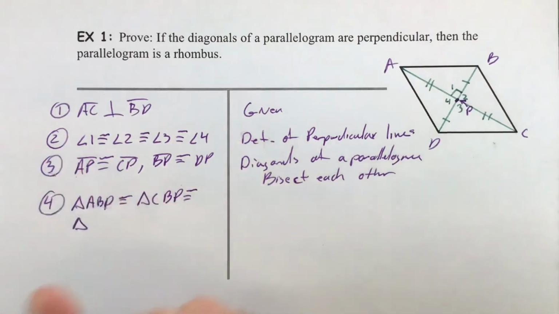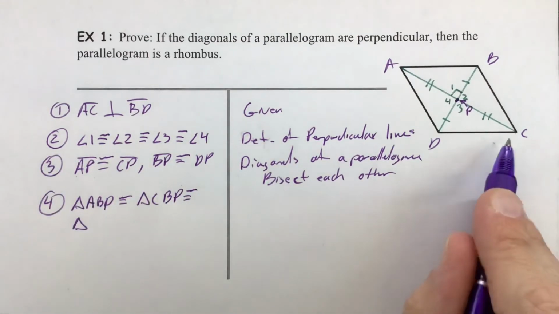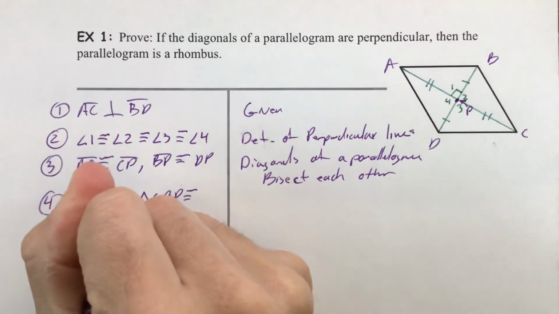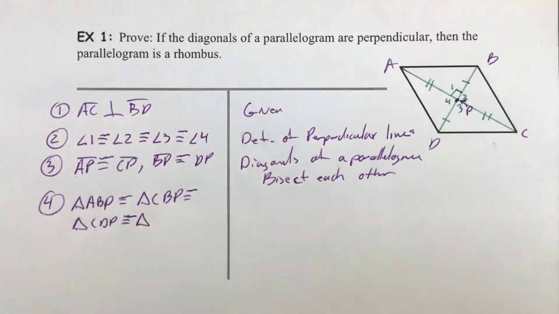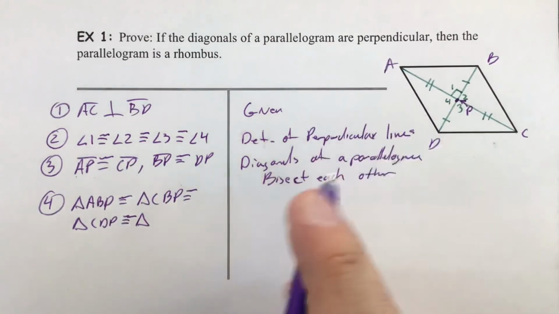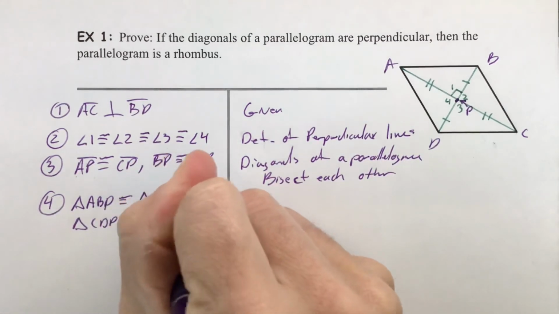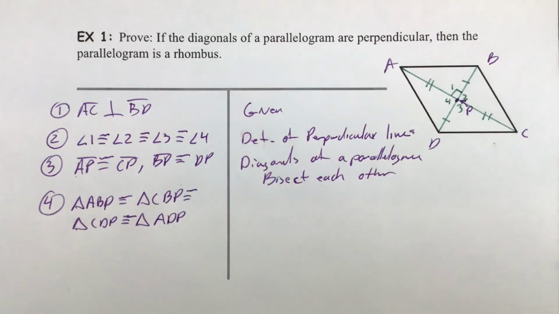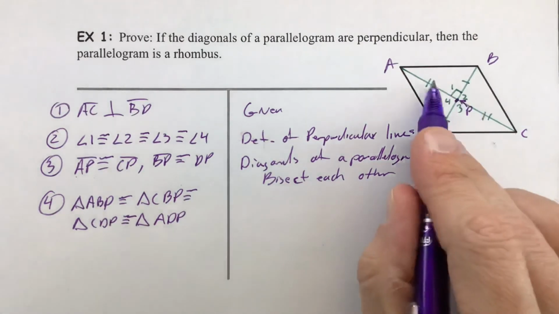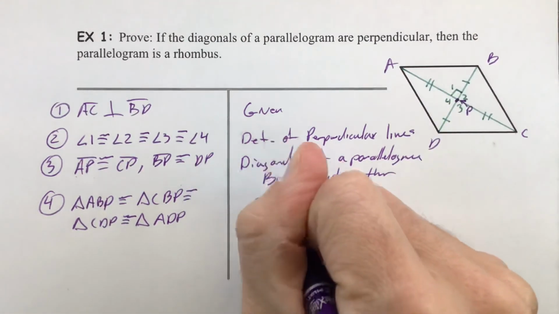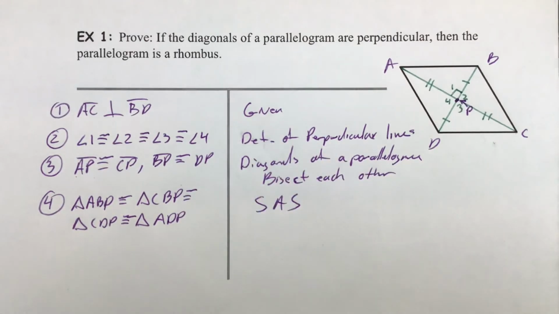We'll go ahead and just write it in the next line here. CDP, and that'll also be congruent to ADP. Yeah, and that's it. So all 4 of them are congruent to each other. Reason, side, angle, side. Okay, for all of them, they're all congruent by the same shortcut here. The side, angle, side fits.